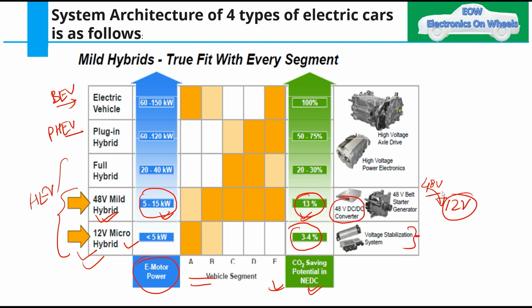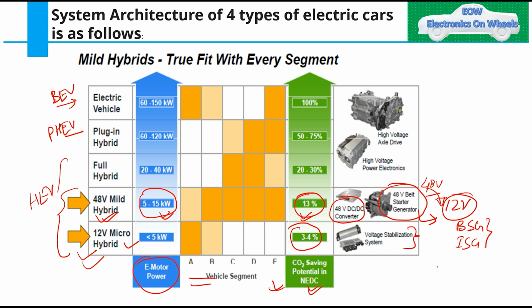I have written one article on the 48-volt architecture which Tesla is following. You can check out that article. In 48-volt architecture, we will be having BSG, called belt starter generator, and ISG, that is integrated starter generator.